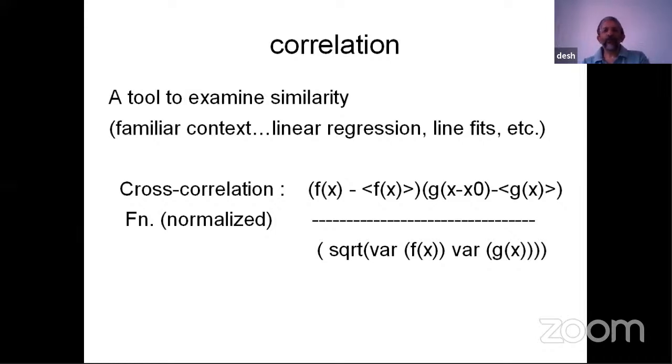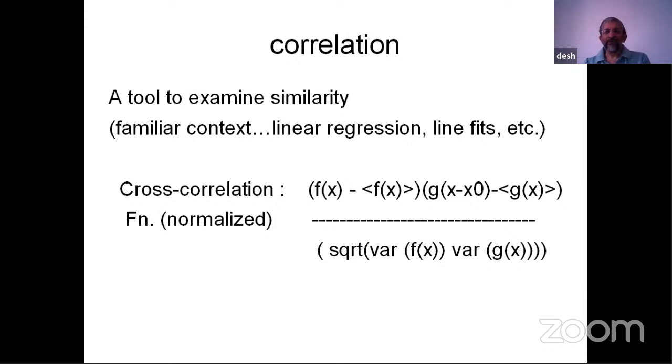We also do not want the mean values of these functions to play any role in the correlation, because when you take the product of two functions, you will always get a product of the mean values. But what we're interested in is the variation represented in the function, whether that pattern is correlated with or has any relation with the pattern in the other function.